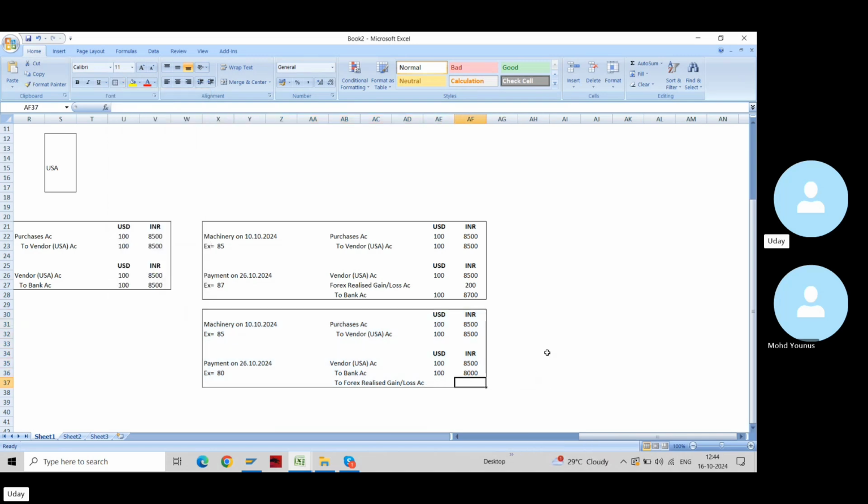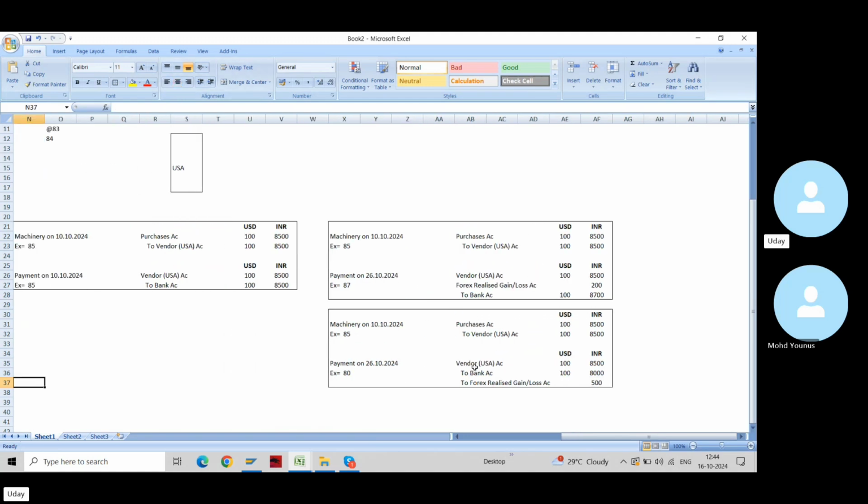Whenever you are getting any gain, it will be 500. So based on the exchange rates, you are getting foreign exchange gain or loss.